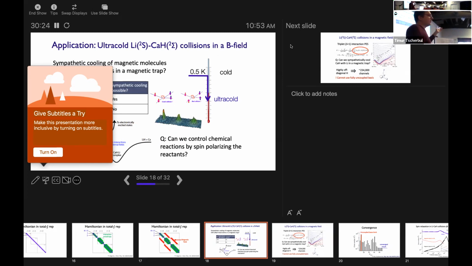The molecules are not so cold, and the hope is that they can be cooled by elastic, thermalizing collisions with lithium atoms. Fortunately, I had a friend, Jacek Klos, who calculated the potential for me. It was hugely anisotropic, and impossible to converge using the uncoupled representation. So it was a good opportunity to try the new basis that we developed.